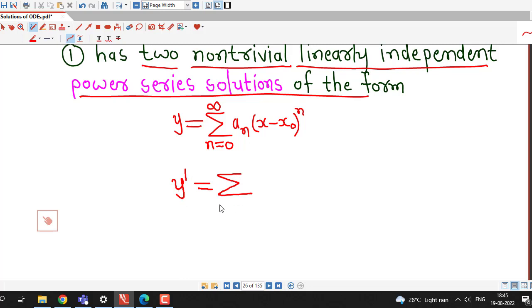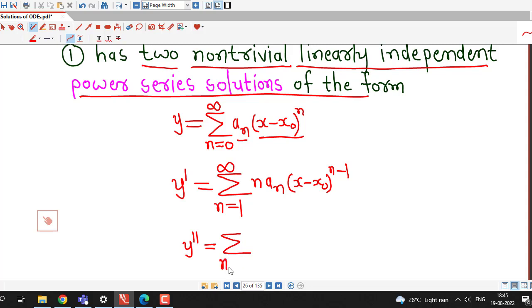Y dash will be sigma n equal to 1 to infinity, and we differentiate this, and we have n into an times x minus x0 raised to n minus 1, and y double dash will be sigma n equal to 2 to infinity n into n minus 1 an x minus x0 raised to n minus 2.